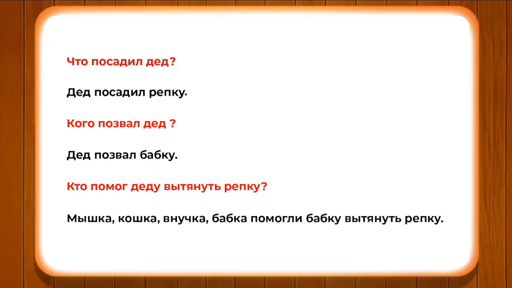Next question we had, кто помог деду вытянуть репку? That means, who all helped the grandfather to pull out the turnip. So the answer is мышка, кошка, внучка, бабка помогли деду вытянуть репку. Next question we have.